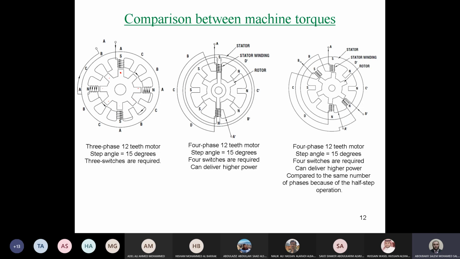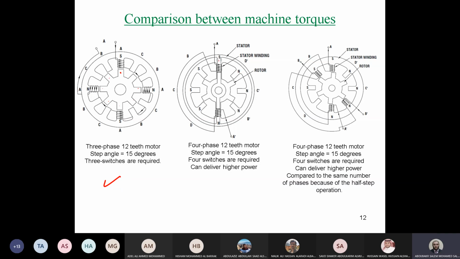Okay, let's now compare this design with the other design. Firstly, the stator teeth: 1, 2, 3, 4, 5, 6, 7, 8. So here we have 8 teeth.